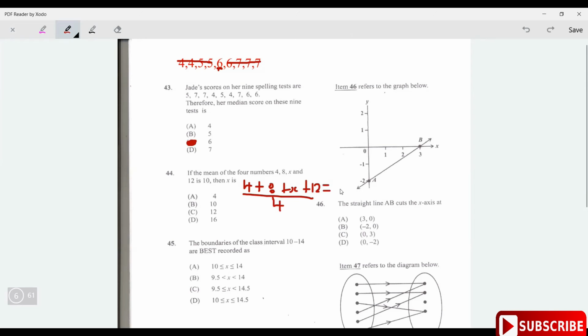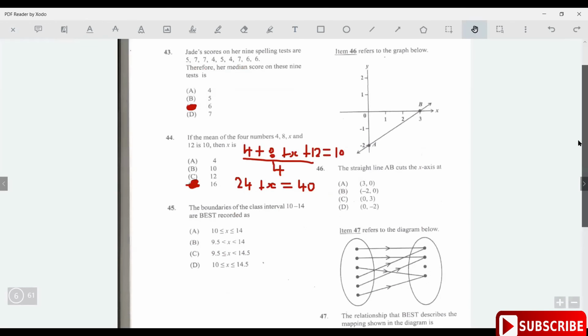So now 4 plus 8 plus 12 is 12 and 8 is 20, 20 and 4 is 24. And so that means 24 plus x is equal to 10 times 4, and 10 times 4 is 40. 24 plus what number gives you 40? That is 16. 24 plus 16 is 40. So x is 16. Too easy.